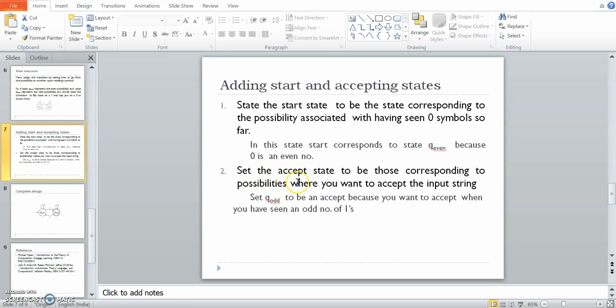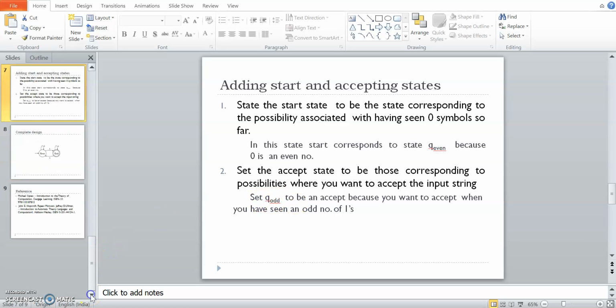Set the accept states to be those corresponding to the possibilities where you want to accept the input string. In our case, set Q odd to be accepting because you want to accept when you have seen an odd number of ones. This is what we want to achieve: whatever string contains an odd number of ones, only that is to be accepted. So this will be our accepting state.